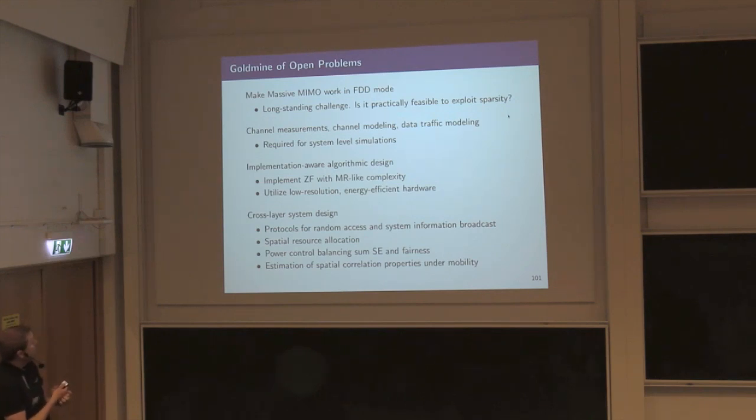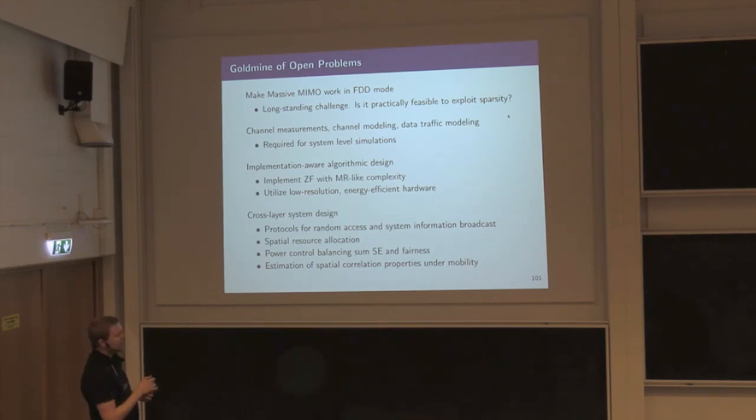Channel measurements, modeling of channels, data traffic modeling, a lot of different things need to be modeled in an appropriate way for a future massive MIMO system in order to really be sure that we are measuring performance in a way that is realistic. A lot of implementation-aware algorithmic design is important.